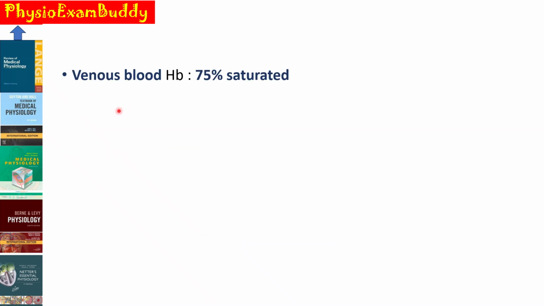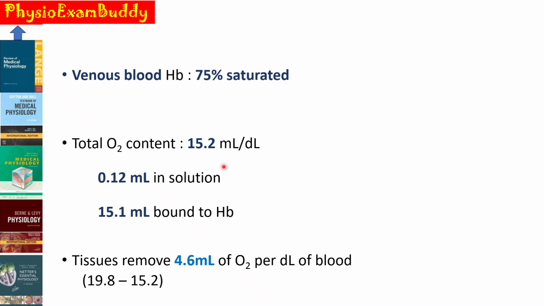In venous blood at rest, the hemoglobin is only 75% saturated. So, the total oxygen content is about 15.2 ml per deciliter. All these values you have to learn by heart, and all these values are taken from Ganong.